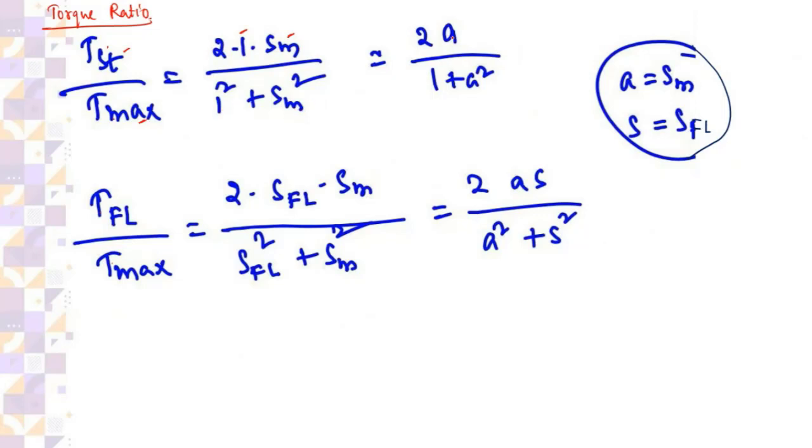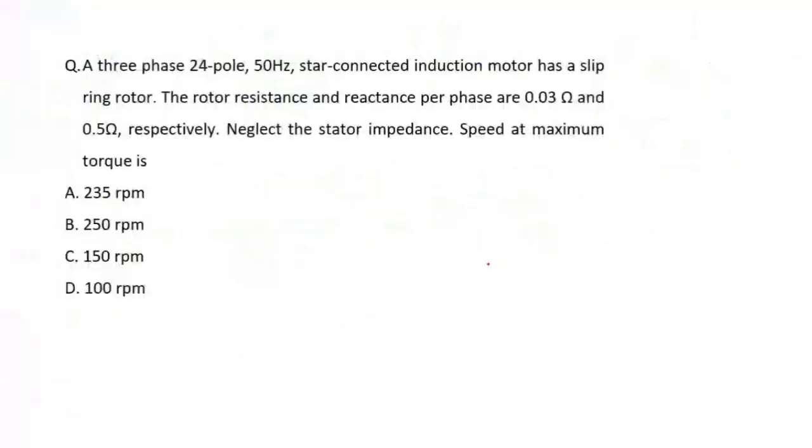In some textbooks, they'll write slip corresponding to maximum torque as A and slip corresponding to full load torque as S. So full load torque to maximum torque is 2 into full load slip into maximum slip divided by full load slip square plus maximum slip square. Okay. So these are the torque ratios.